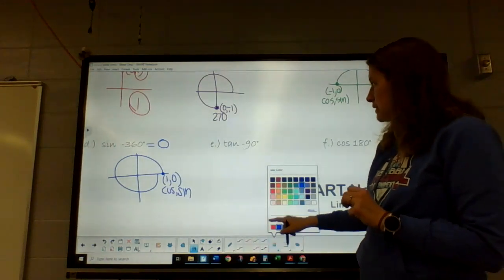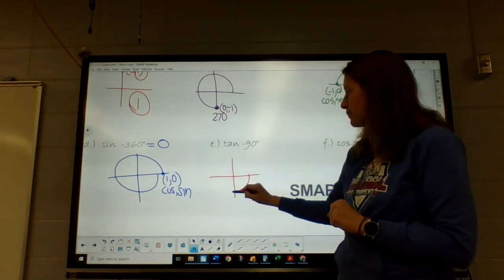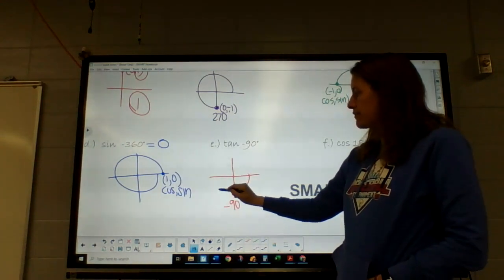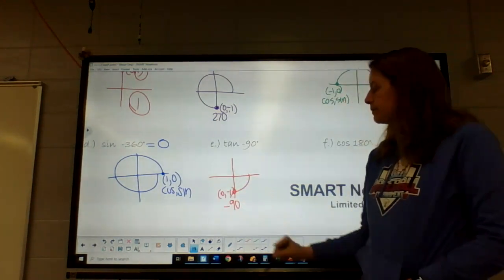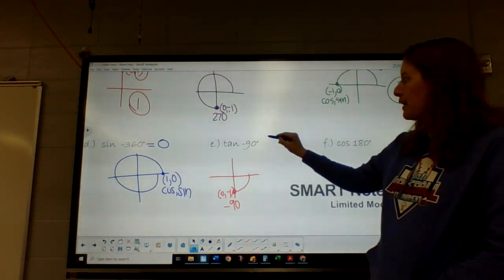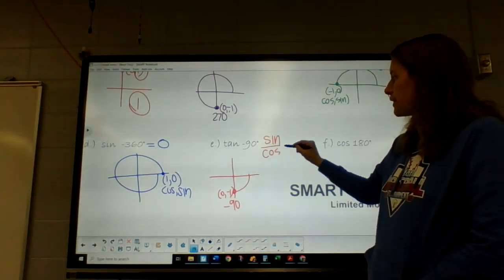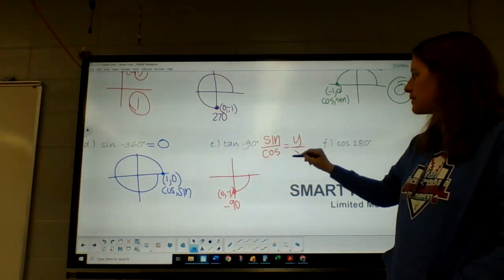Tangent of -90. Down to here. I don't go left or right at all, I just go down 1. And again, sine over cosine, or you can think of it as y over x.